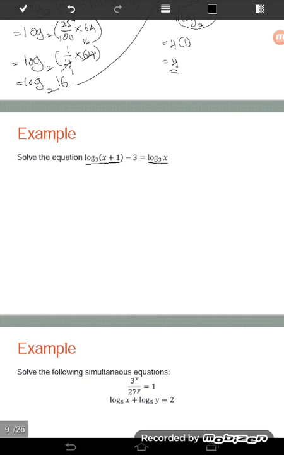In order to combine the log, we need to collect: log base 3 of x plus 1 minus log base 3 of x, and this negative 3 we bring to the right becomes positive 3.